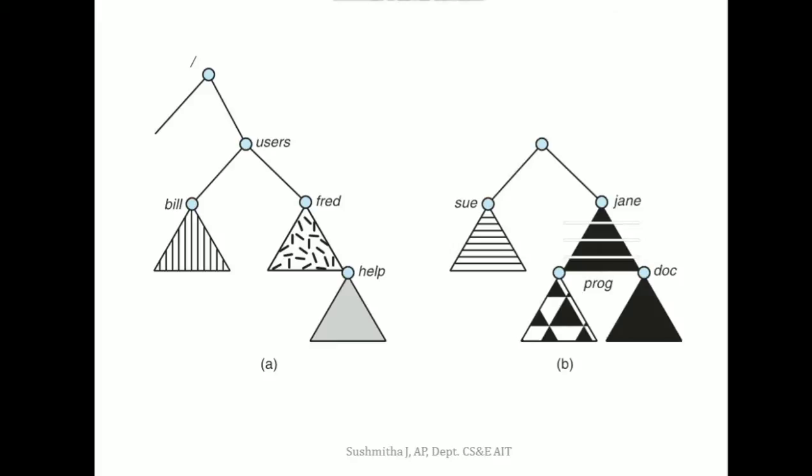It does so by asking the device driver to read the device directory and verify that the directory has the expected format. The operating system then notes in the directory structure that a file system is mounted at the specified point. Now let me illustrate the same here.